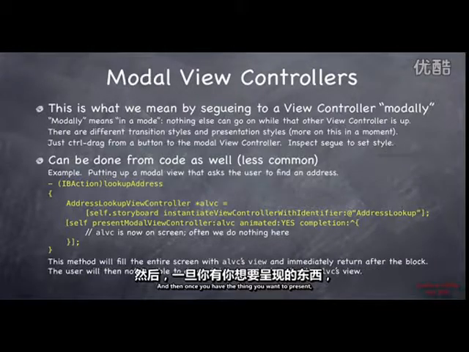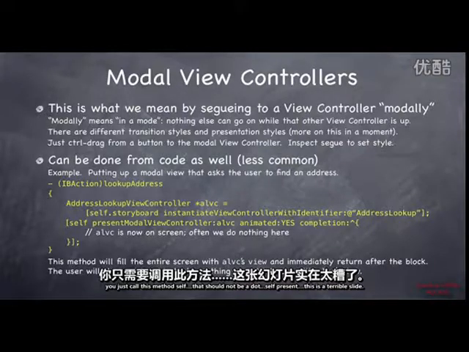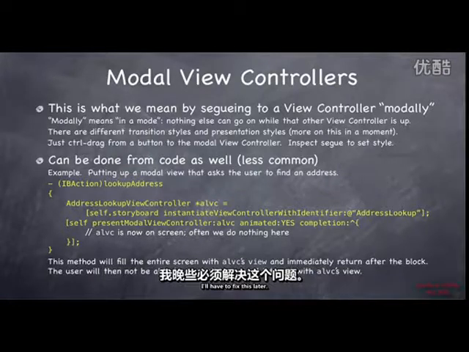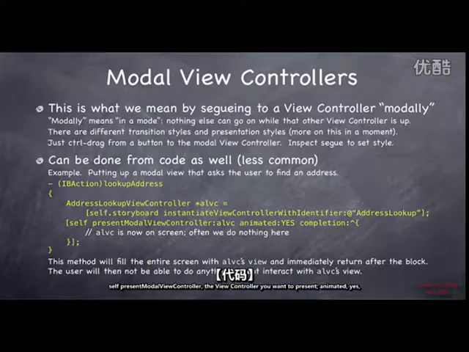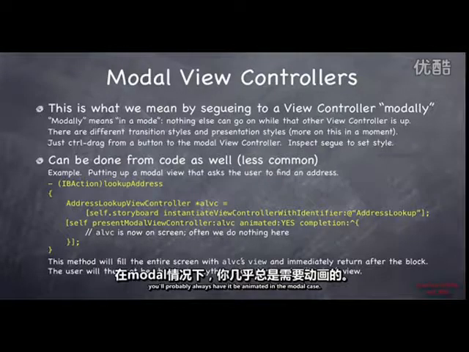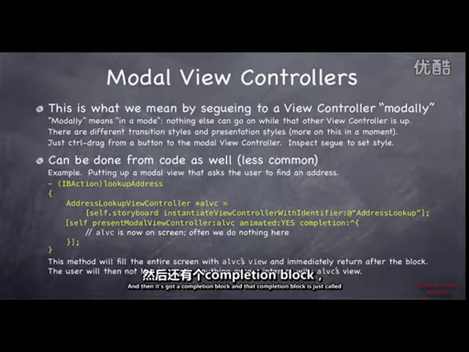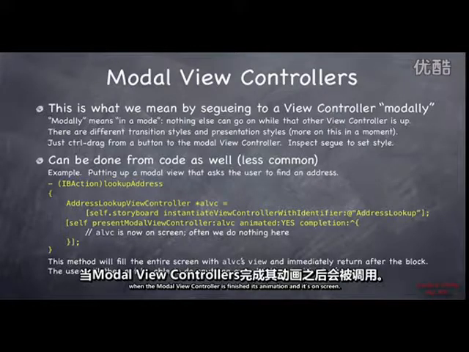And then once you have the thing you want to present, you just call this method, self, that should not be a dot, self present, this is a terrible slide, I'll have to fix this later. Self present modal view controller, the view controller, animated, yes, you would probably always have it be animated in the modal case. And then there's a completion block, and that completion block is just called when the modal view controller is finished its animation and it's on screen.